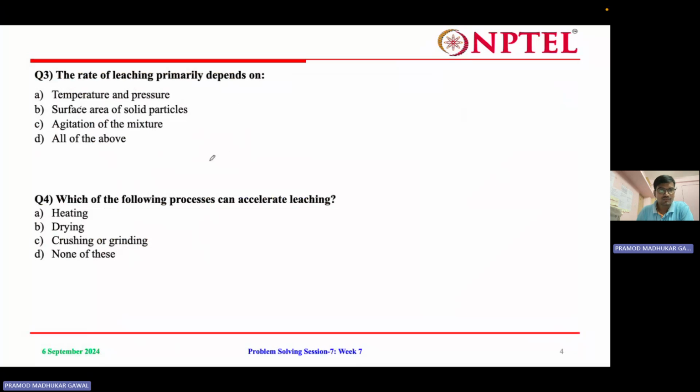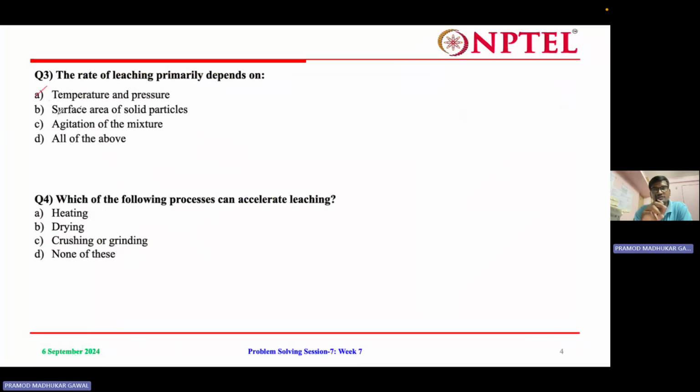Pressure is also important in supercritical fluid extraction, at supercritical conditions. So this also has an impact. And surface area of solid particles: the small size of the solid provides more surface area for contact between the solute and the solvent. So it increases the rate of leaching.